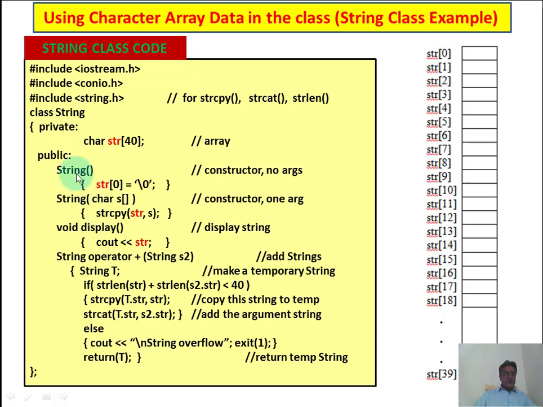So these two are the constructors. This is a no-argument constructor, so it assigns the null value to an object which does not contain any value.